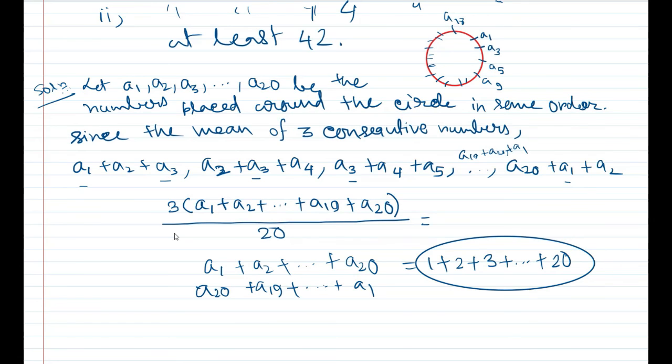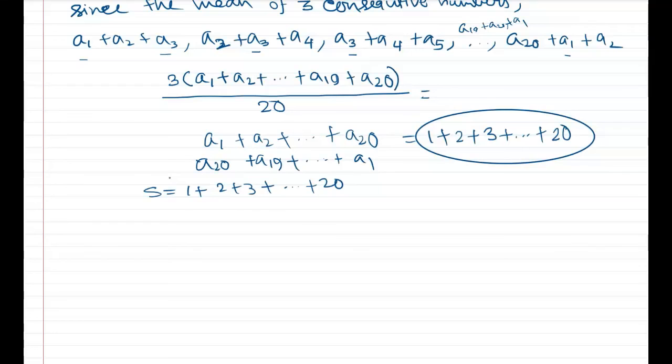We have to take the sums. Okay, so if we have to sum 1 plus 2 plus 3 up to 20, then we are summing by a tricky method. So S equals this, and S equals again 20 plus 19 plus 18 plus ... plus 1.